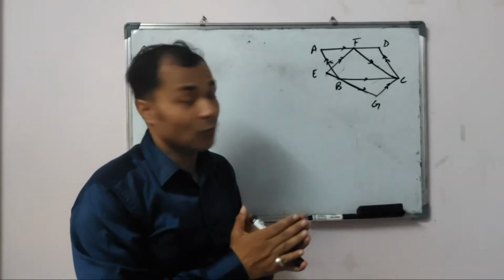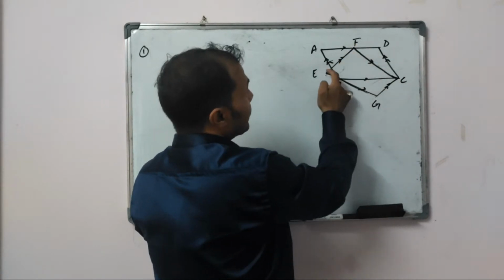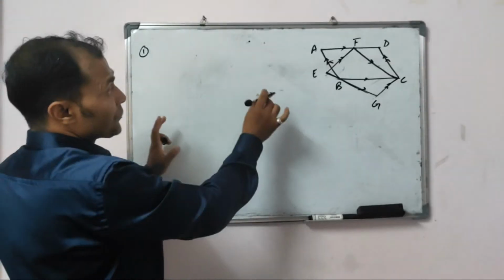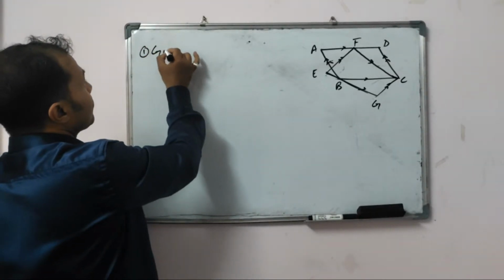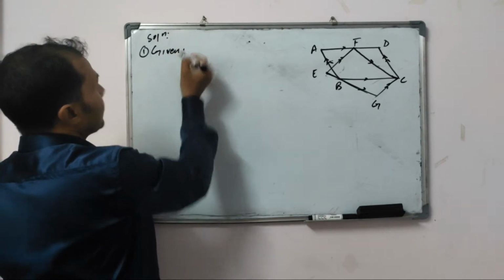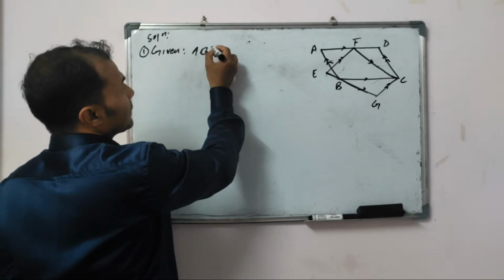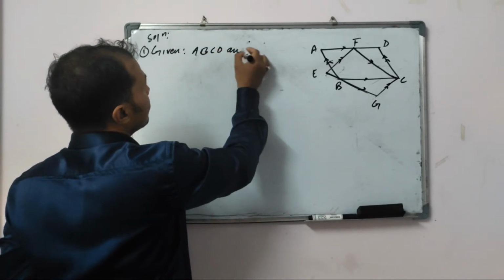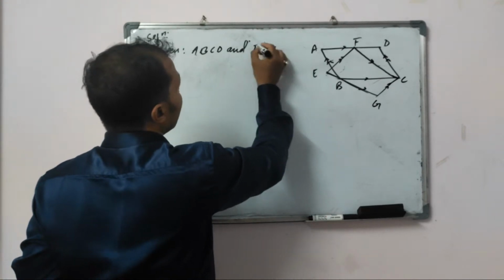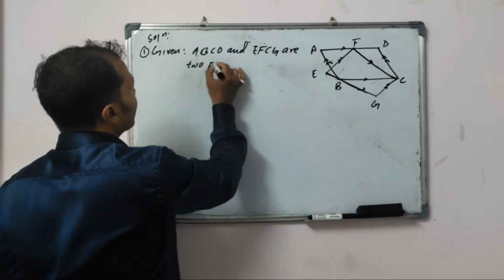So we'll solve this problem first. How to show that parallelogram ABCD and EFCG are equal? That is to prove. Given, you can understand over here. Solution: ABCD and EFCG are two parallelograms.